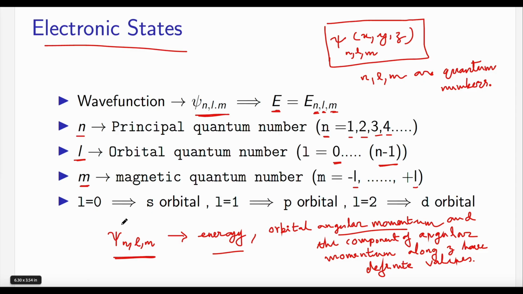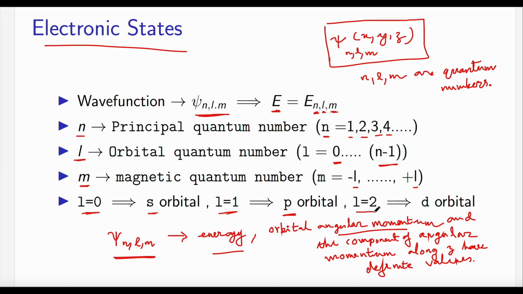Like this example. So another thing is L is equal to 0. If L is equal to 0, that quantum state is known as the s orbital. If L is equal to 1, that quantum state is called p orbital.